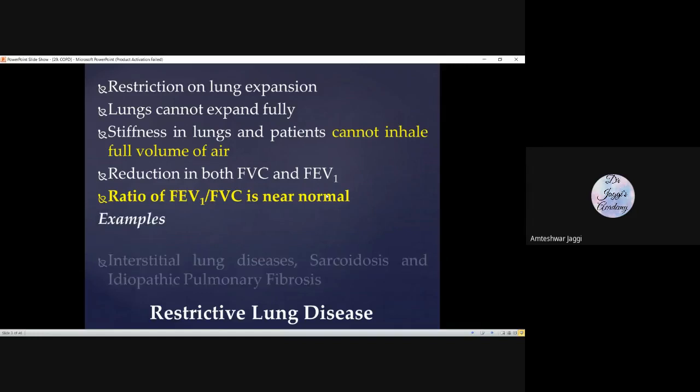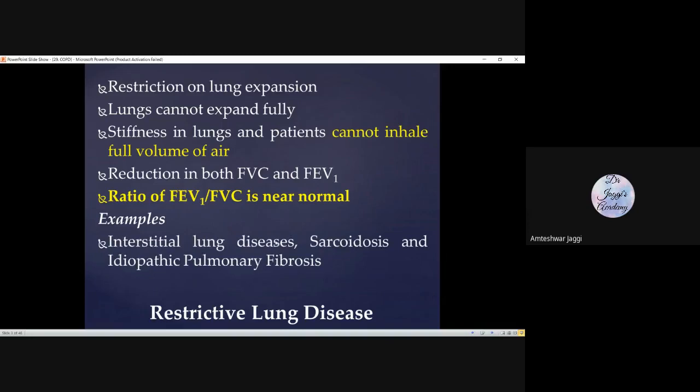There are many examples. You will not encounter these diseases in daily life, but they do happen. These are not uncommon. Interstitial lung diseases, sarcoidosis, idiopathic pulmonary fibrosis. In all these conditions, there is fibrosis. Fibrous tissue is deposited in the lungs, and ultimately the lungs become stiff.